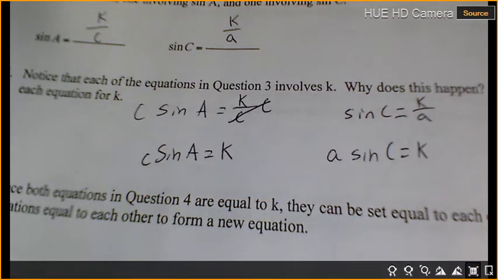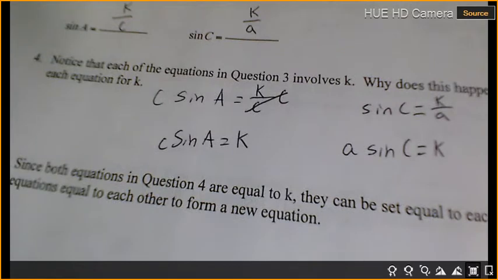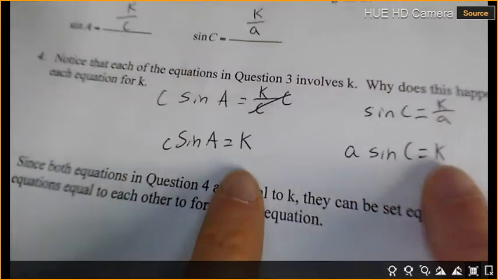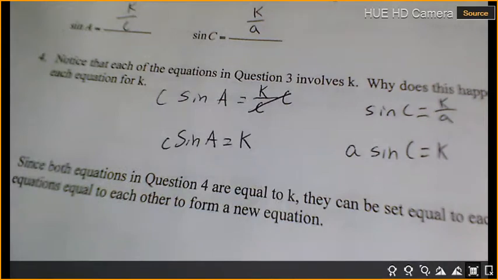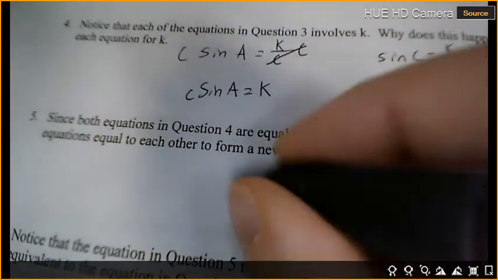Okay. Step 5. Are both of these equations equal to K? So what am I going to do? Can they be set equal to each other? They're both equal to the same thing, so I can make them equal to each other.